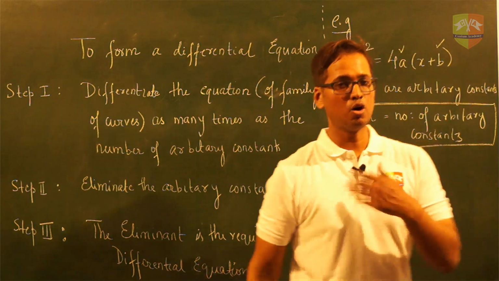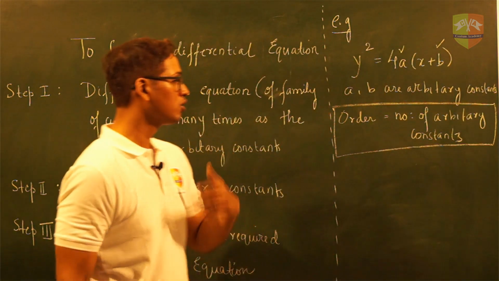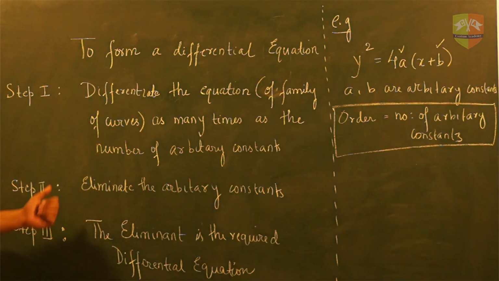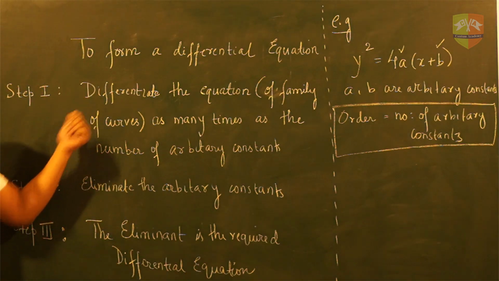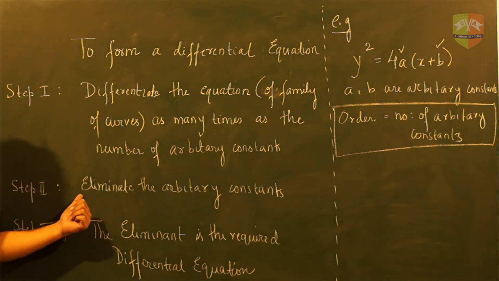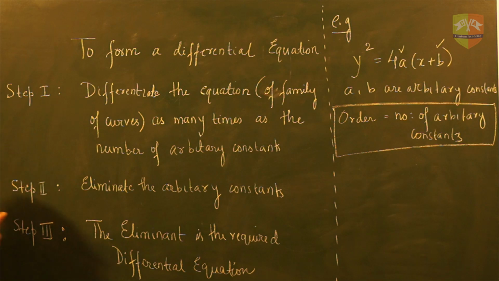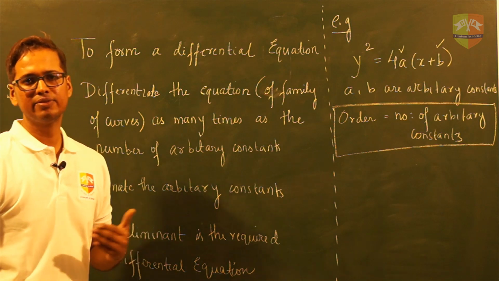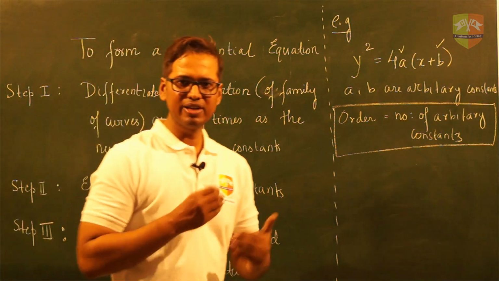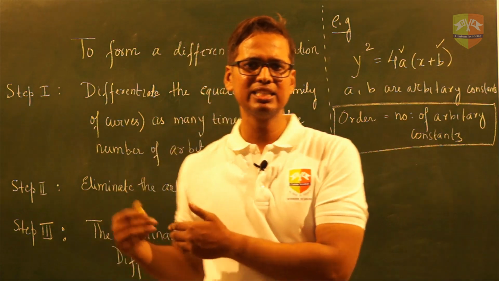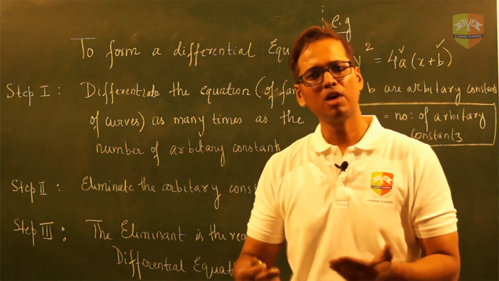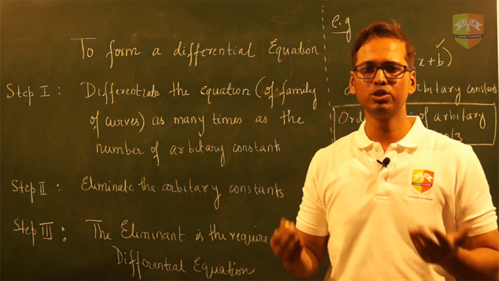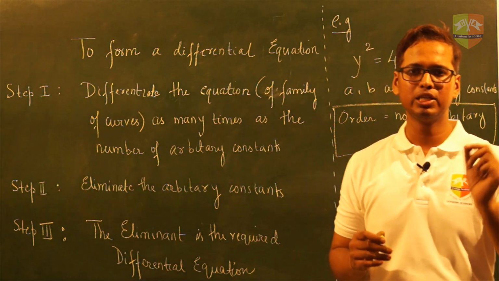Alright, now how do we form the differential equation? We differentiate, and in step number 2 we try to eliminate the arbitrary constants in the given equation. While you are differentiating, you will keep on getting some equations which, along with the original equation, you can use to eliminate the arbitrary constants.